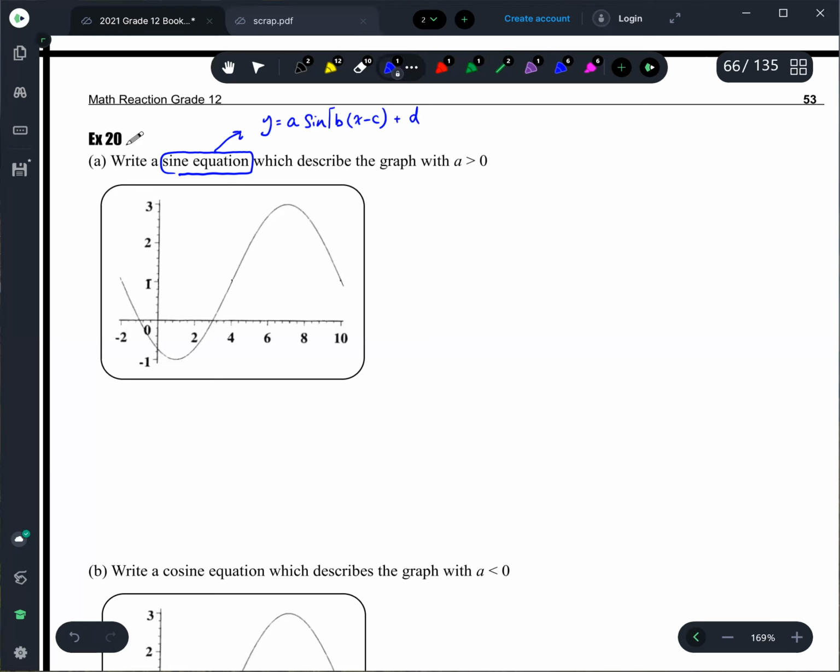It's looking for this kind of equation. If they say, please write a cosine, then you change it to cosine, okay? Which describes the graph with a greater than 0. So which means a is positive.